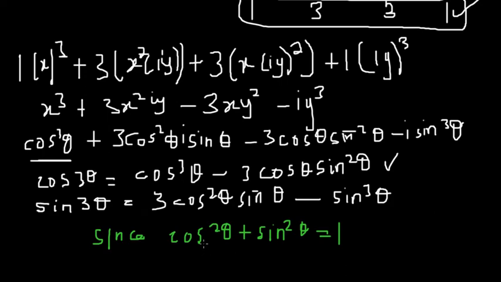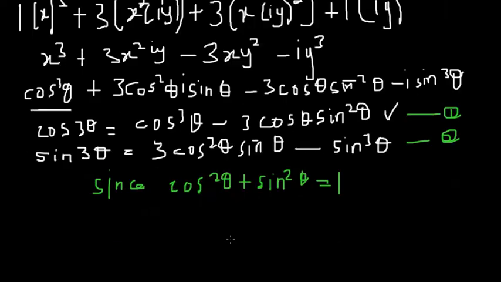We can just make one of these the subject and then substitute them into, let's say, equation 1 and then equation 2. So let's make cos squared theta the subject in this expression. So we have cos squared theta will give us 1 minus sine squared theta.